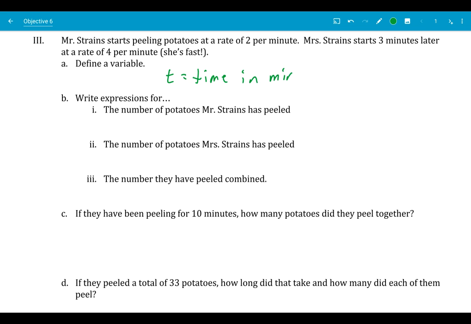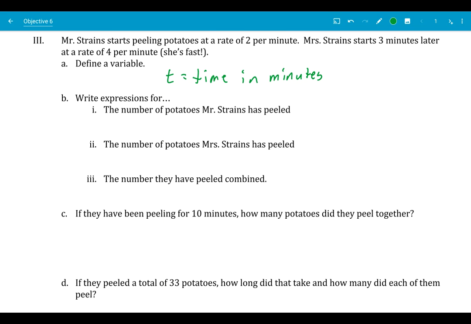The way that you would decide whether to define the variable as time or potatoes, you want the independent variable, meaning the one that is going to change the other one. One of the phrases I like to use is: is the number of potatoes peeled dependent on the time peeled? It is. Therefore, time is the independent variable and potatoes are the dependent variable.